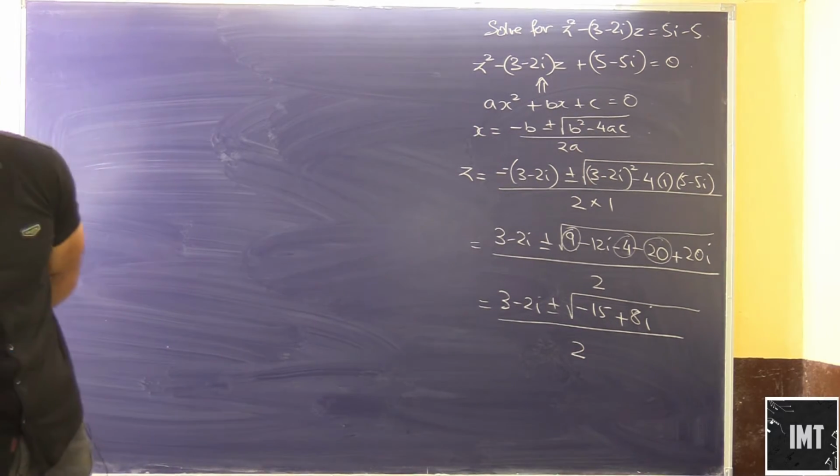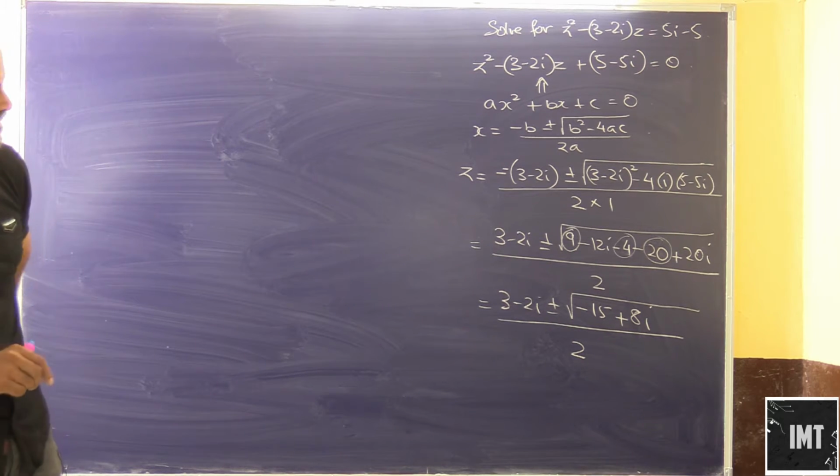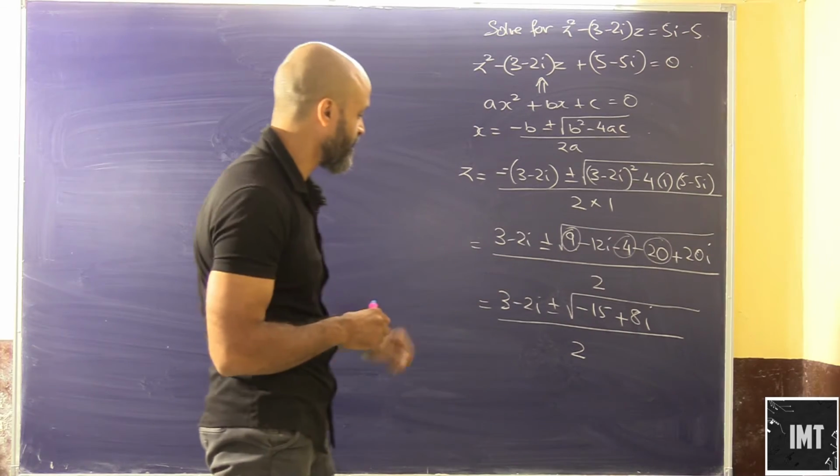Are we on the right track? Let me just check. So minus 15 plus 8i, and 3 minus 2i.